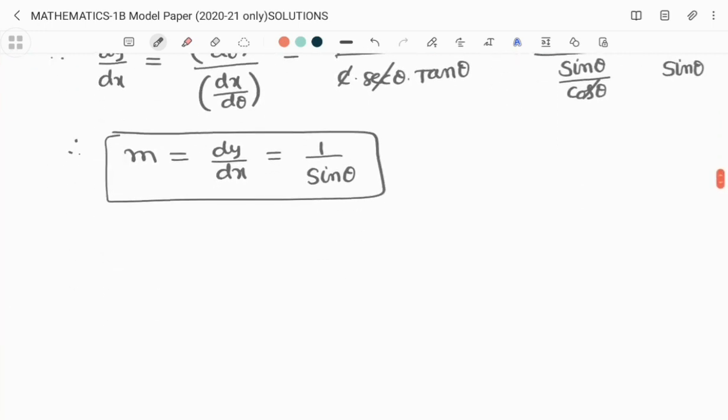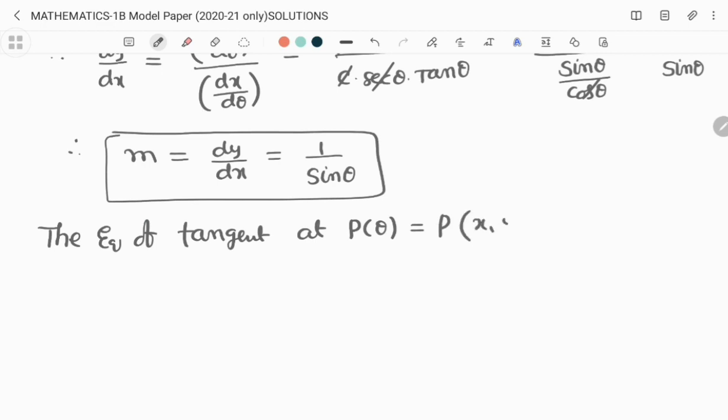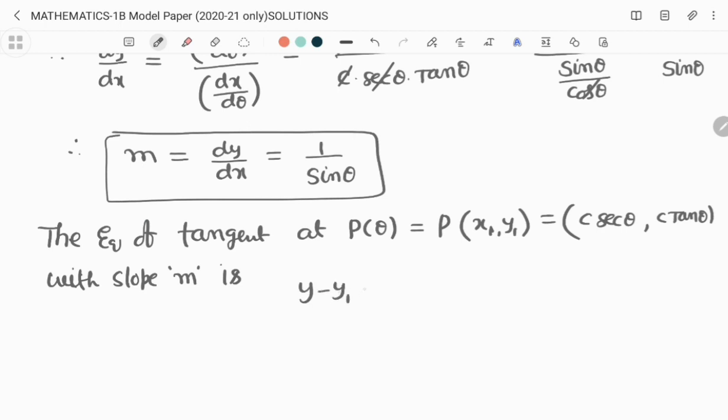So the equation of tangent at P of theta, that means P of x1 comma y1, those values are, I am writing, x1 is c secant theta, next c tan theta, with slope m is y minus y1 is equal to m into x minus x1.